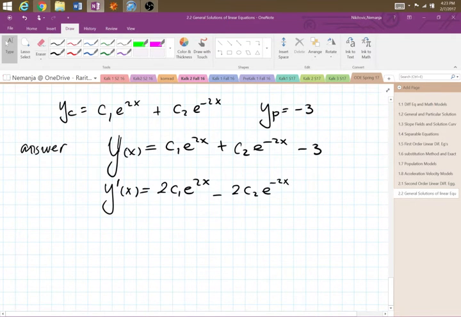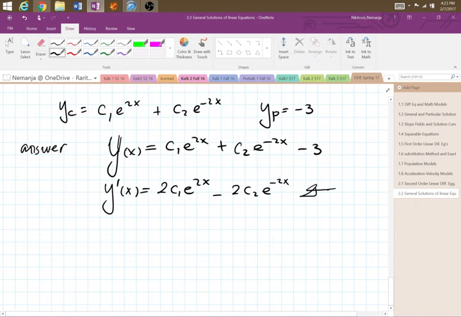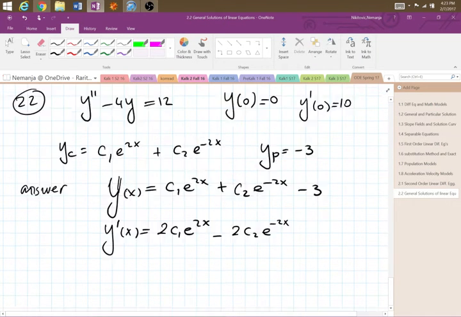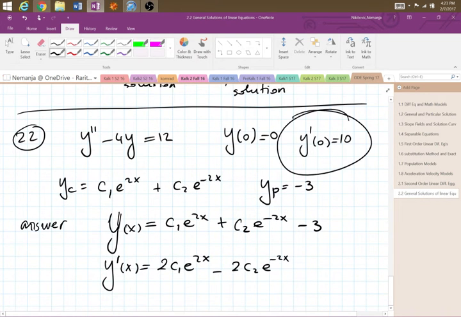So now this is the solution already, right? This is its derivative, and I think we have to take one more derivative, right? No, that's it, because look at the conditions. The highest condition is the first derivative.